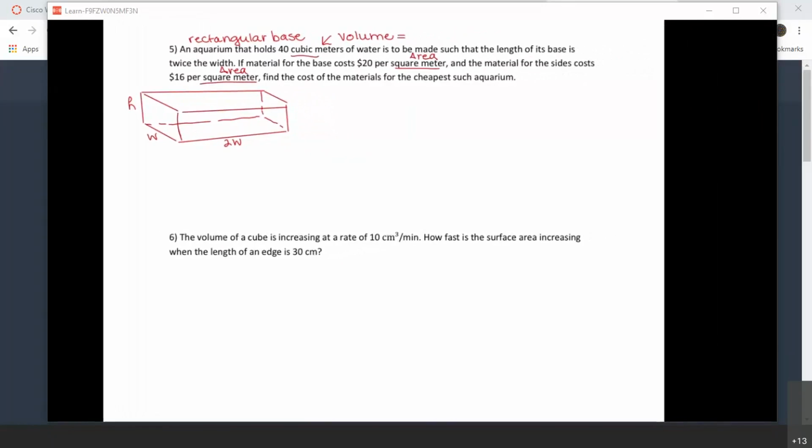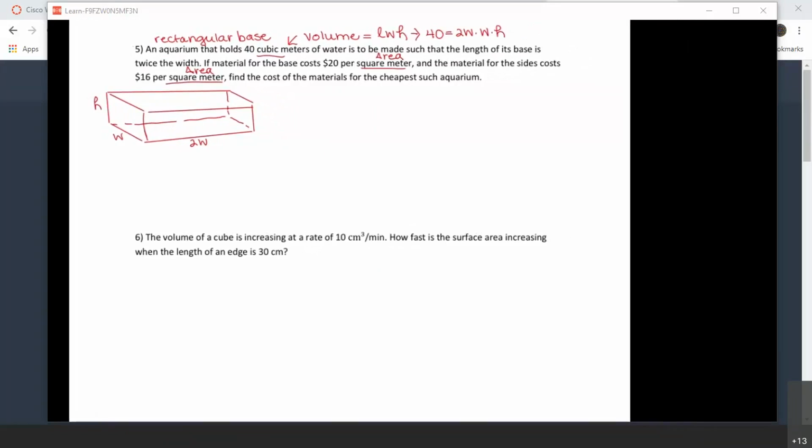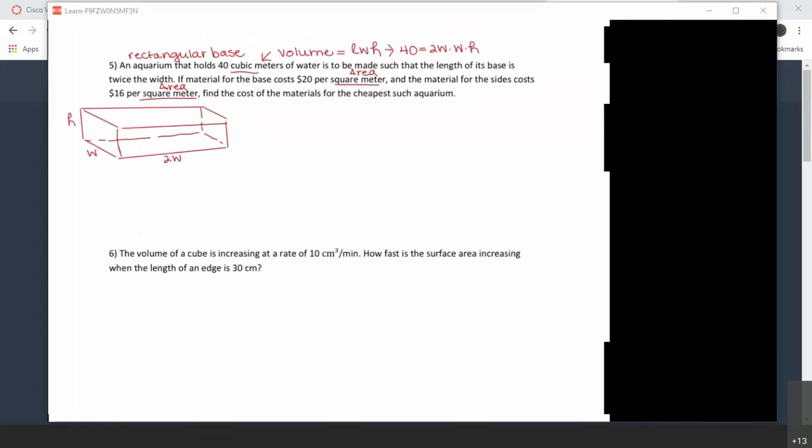The volume of an aquarium is length times width times height, right? It's a rectangular box shape, so you find the area of its base and multiply by its height. We also know 40 equals, my length I said was 2W, times width times height. Where did I get the 2W from? They said the length was twice the width.